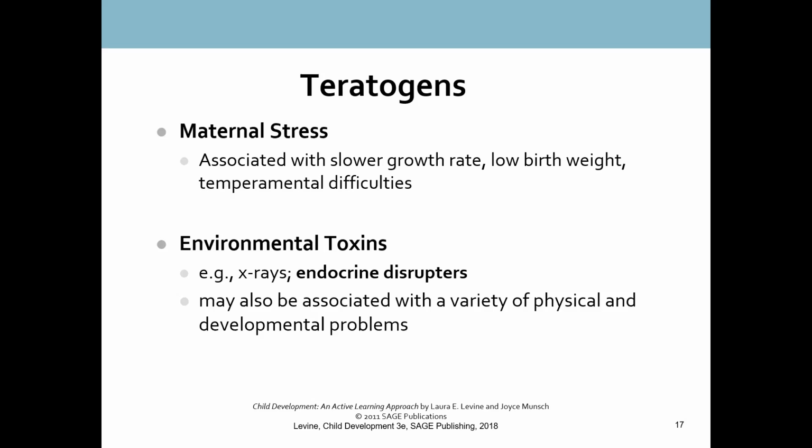Maternal stress can be a problem during the pregnancy. The mother's stress hormones can act as teratogens and be harmful substances. When a mother is under stress, she produces the hormone cortisol, which is similar to adrenaline.